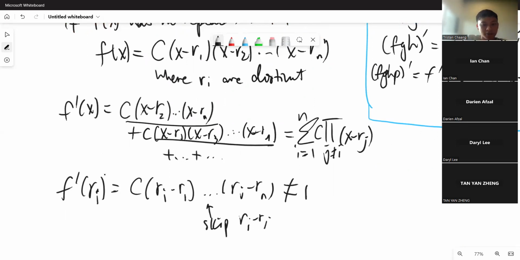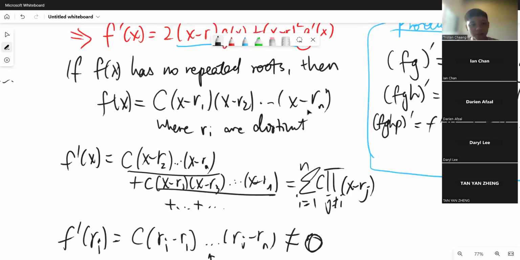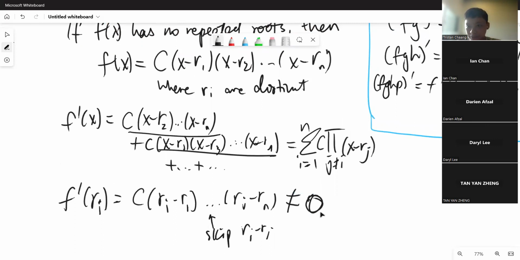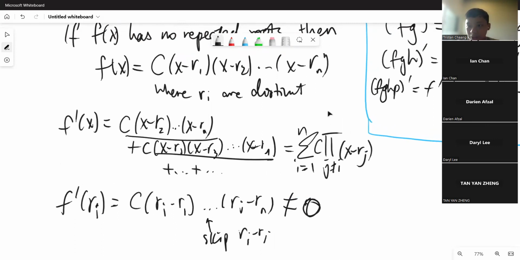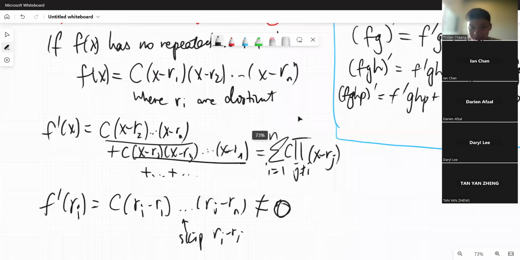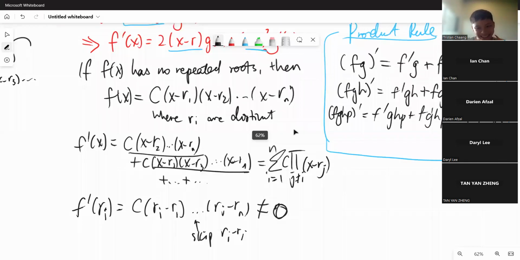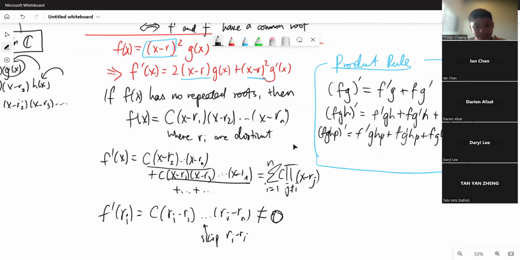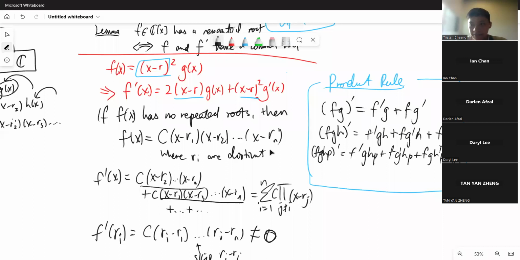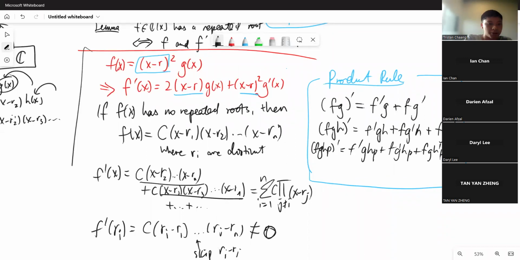So this is non-zero. That means any root of f, when I plug it into f prime, is not zero. That means they don't have a common root. So we're done. Okay, so far so good. So these are both directions of the proof.